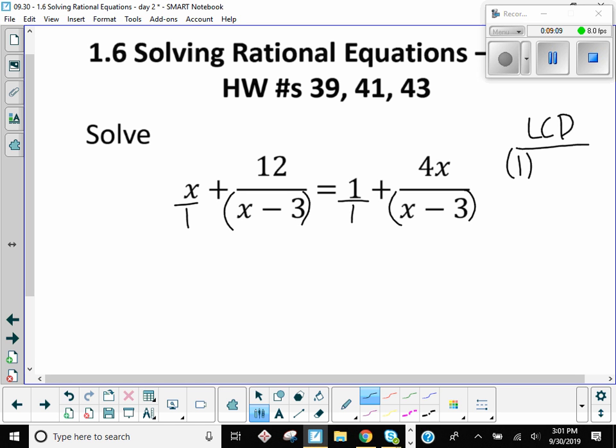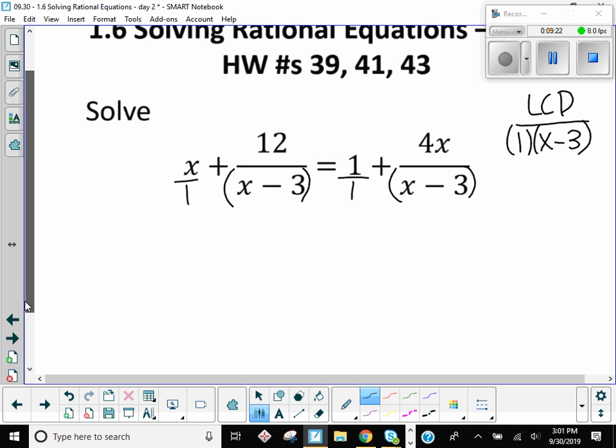And then the second denominator needs to be part of the common denominator, so I'm going to put x minus 3 there. And then I check the rest of the denominators. On the right side of the equation, I need a 1. Well, I already have it. And I need an x minus 3, and I already have it. So my LCD is good to go.